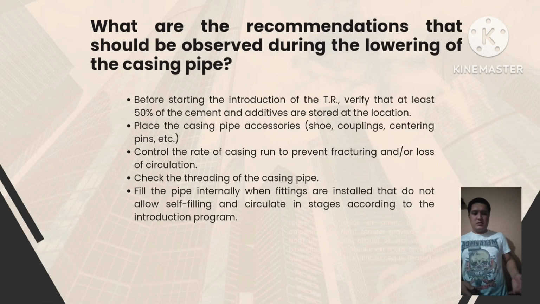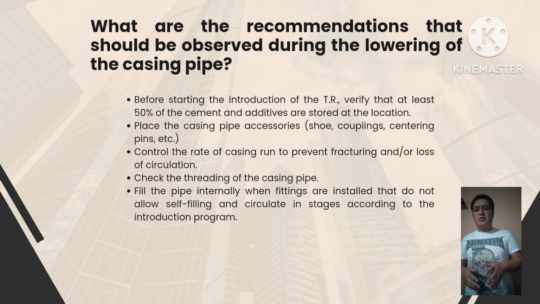What are the recommendations that should be observed during the running of the casing pipe? Number 1, before starting the introduction, verify the cementing additives and their location. Number 2, place the casing pipe accessories, such as centralizers, cementing pins.